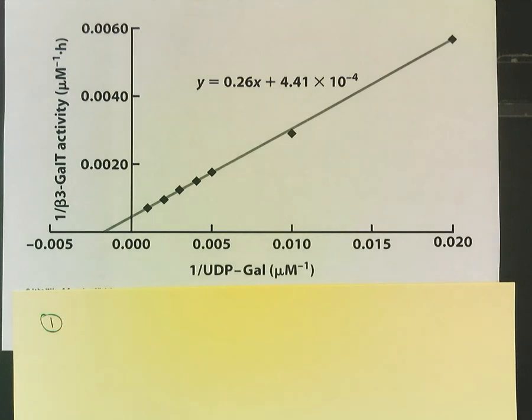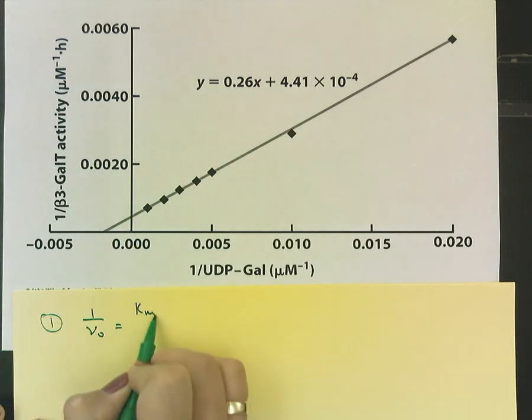what is the first thing you have to do in order to find anything on this graph? I would write down the Lineweaver-Burk equation for this kind of problem. So 1 over V0, make sure I get it in the right order so I don't mess everybody up. Should be Km over Vmax.